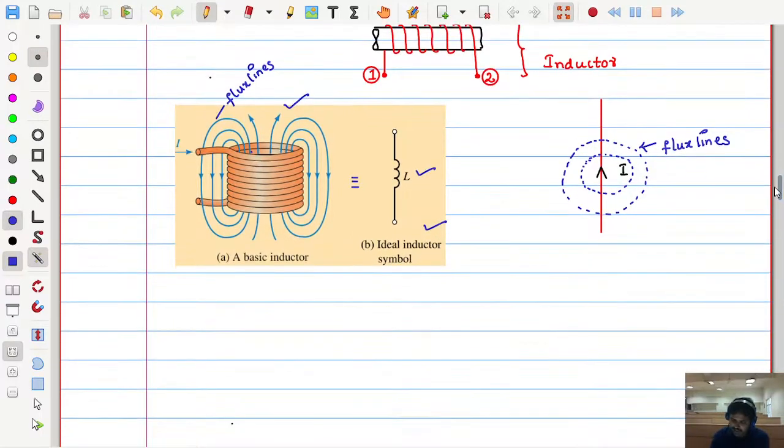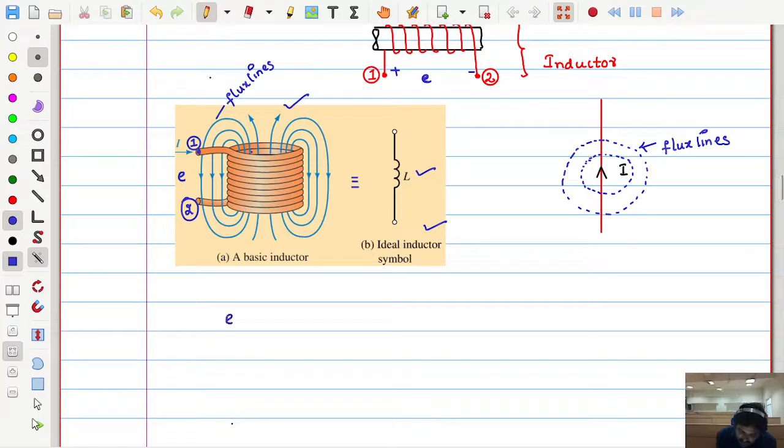Now if we see the basic principle of this inductor, let me explain in a short way. The amount of the induced voltage across these terminals between 1 and 2. This is the inductor, let us say this is 1, this is 2. What I want to see here is how much is the induced voltage across these terminals.